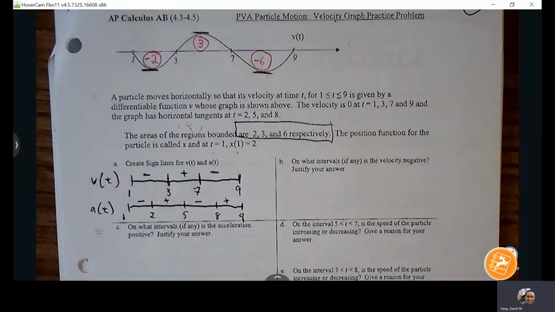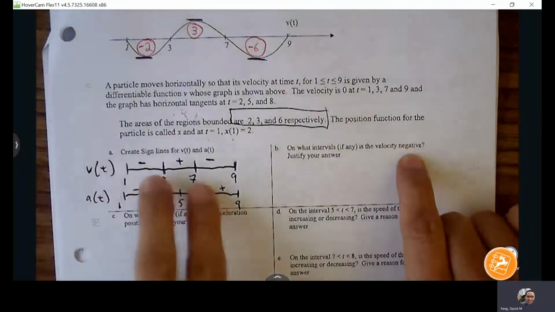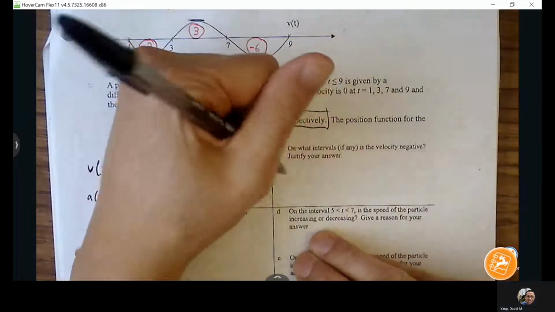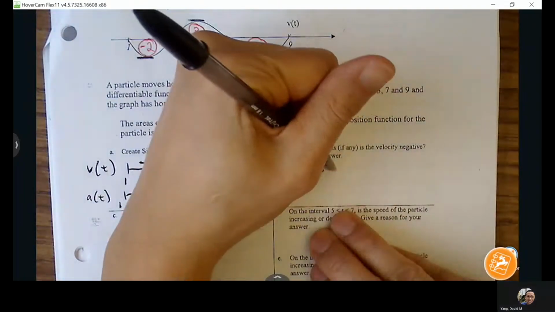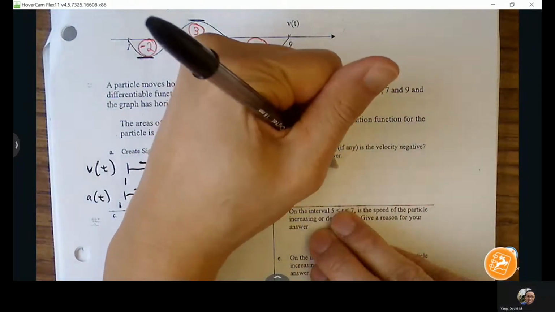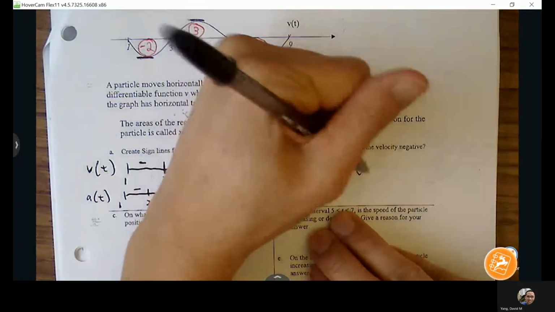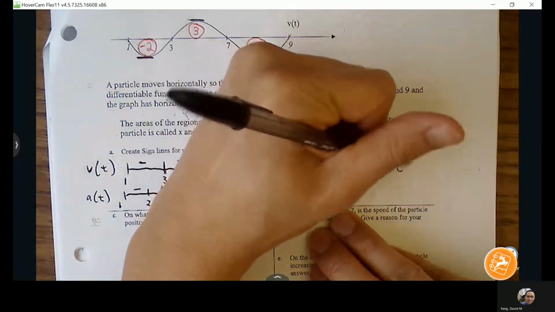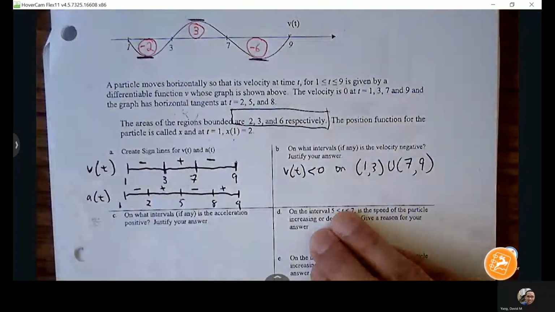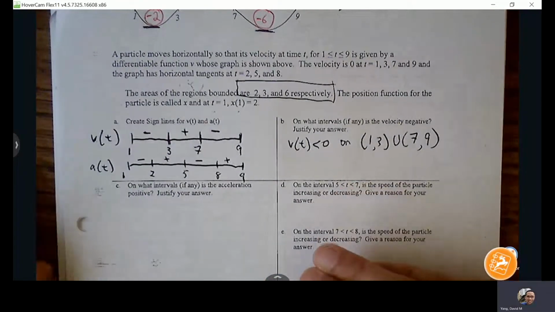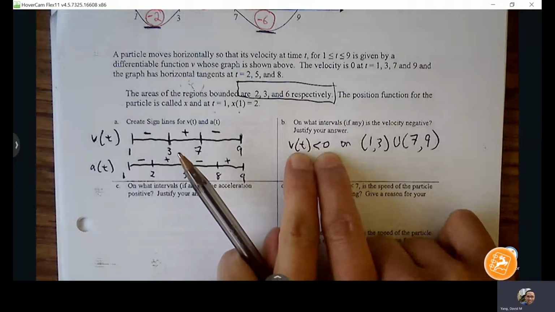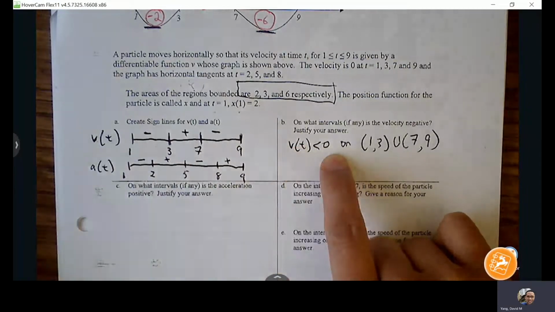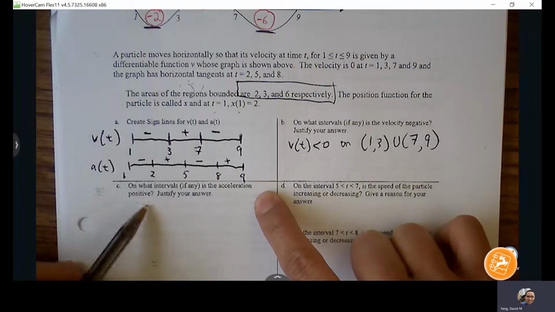Part B, on what interval is the velocity negative? Velocity is negative in these 2 intervals. The because statement is because v of t is less than 0. What interval is acceleration positive?